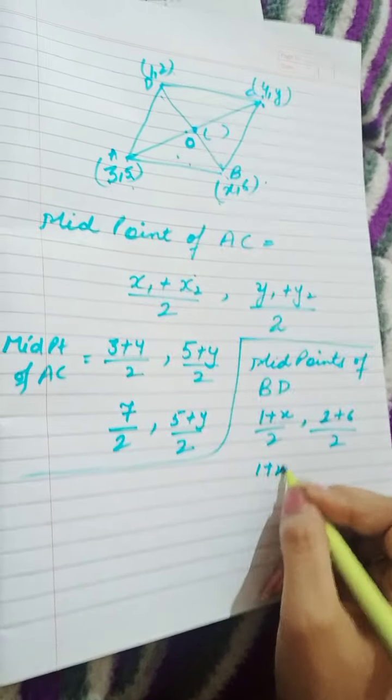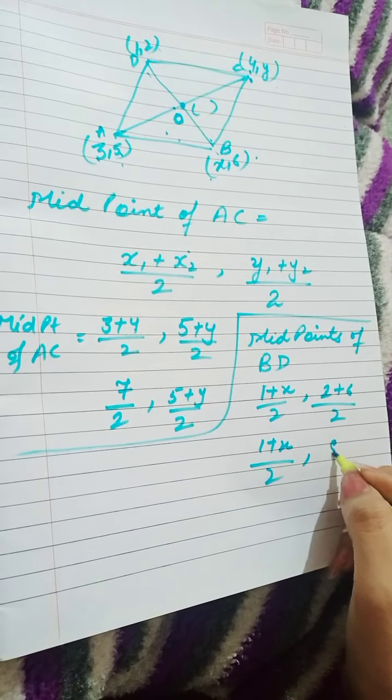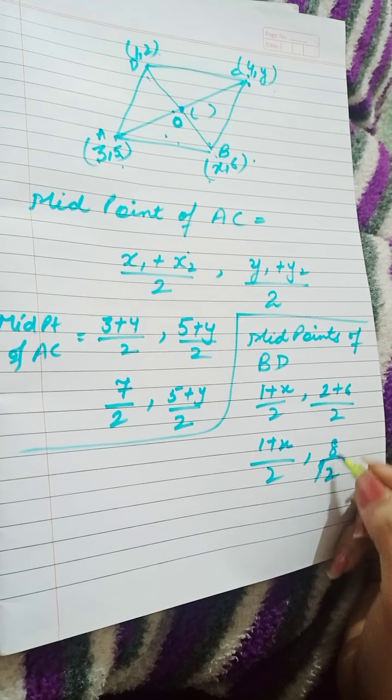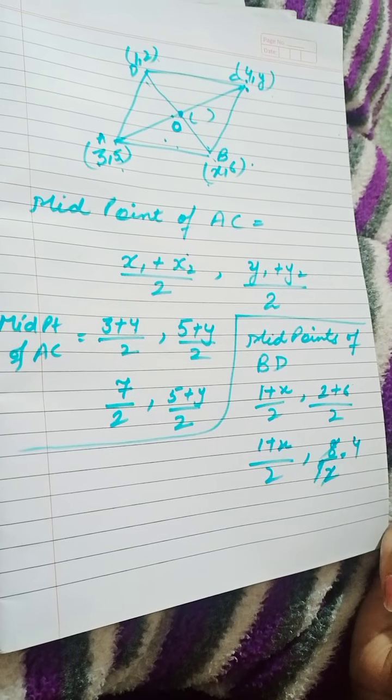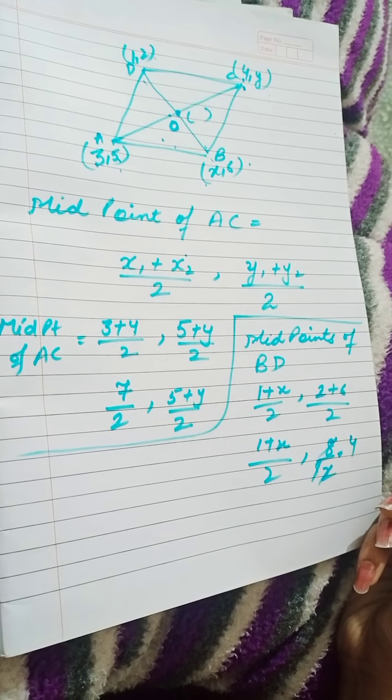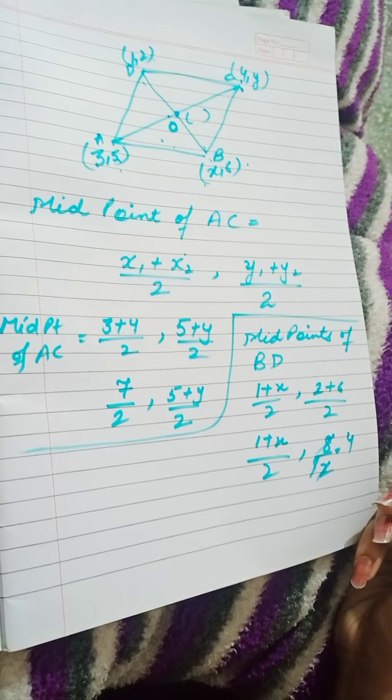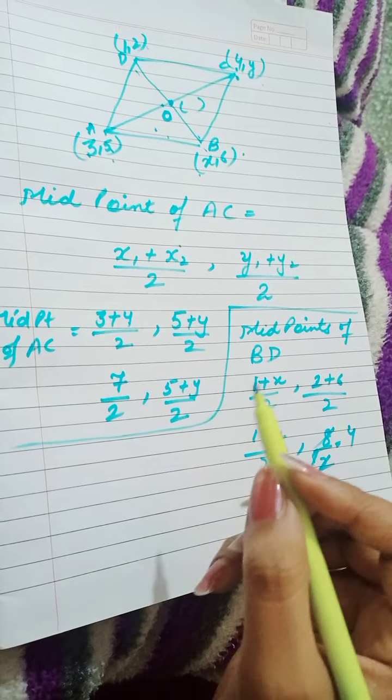It would be (1 plus x) by 2, and 8 by 2, that would be 4.